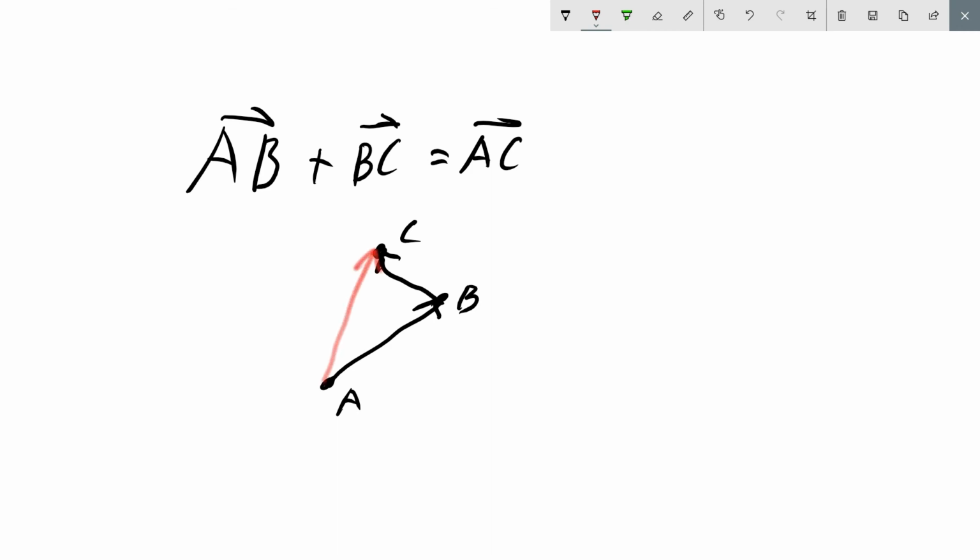That's all we've effectively done. We've displaced. We're using displacement to show addition of vectors. So I'm allowed to do that. I'm allowed to just cut the B's out and replace it with AC. This only works if the term in between right here are the same.